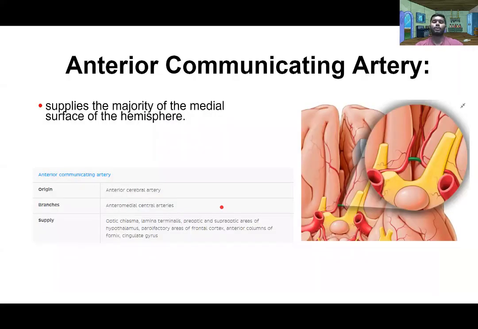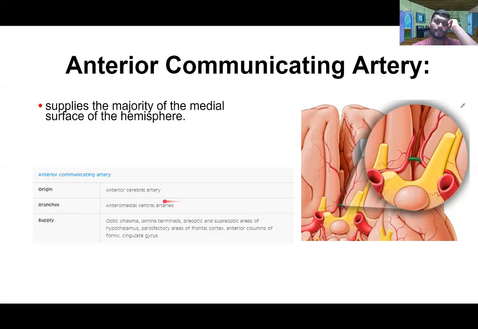Cool. So now I'm going to go very quickly over some of the other main vessels that make up the circle of Willis. We have the anterior communicating artery, which supplies the majority of the medial surface of the hemisphere. As you can see, this tiny little guy that connects and communicates between the ACAs is the ACOM, and it supplies the medial surface of the hemisphere.